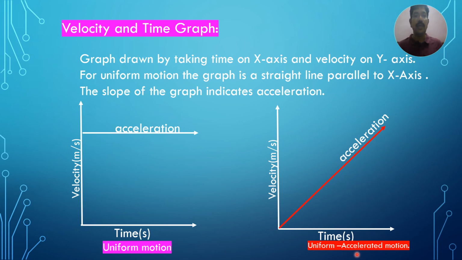Are you clear about that one? So this is uniform motion where the velocity is constant, whereas here the velocity goes on increasing with respect to time. So this is the graph of uniform accelerated motion.